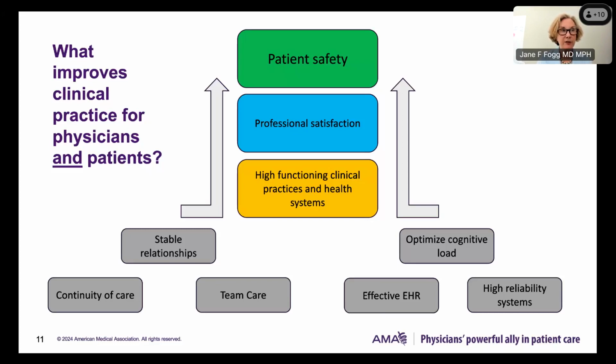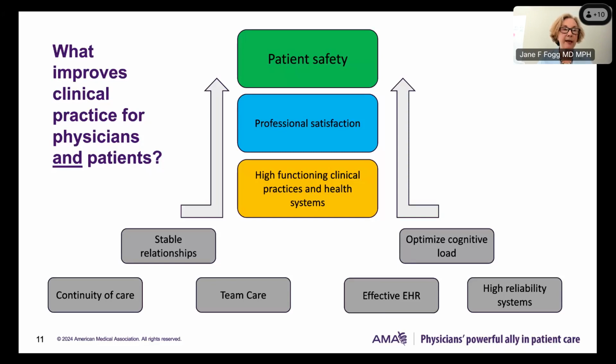But many physicians, many nurses, many care team members do not work in ideal conditions. And the types of things that I'm talking about that inform whether that system is working well, some of them are on the bottom. Stable relationships, relationships between team members, between colleagues, knowing the people you're working with and getting better as a team. Continuity of care with your patient, knowing your patient and your patient knowing you.